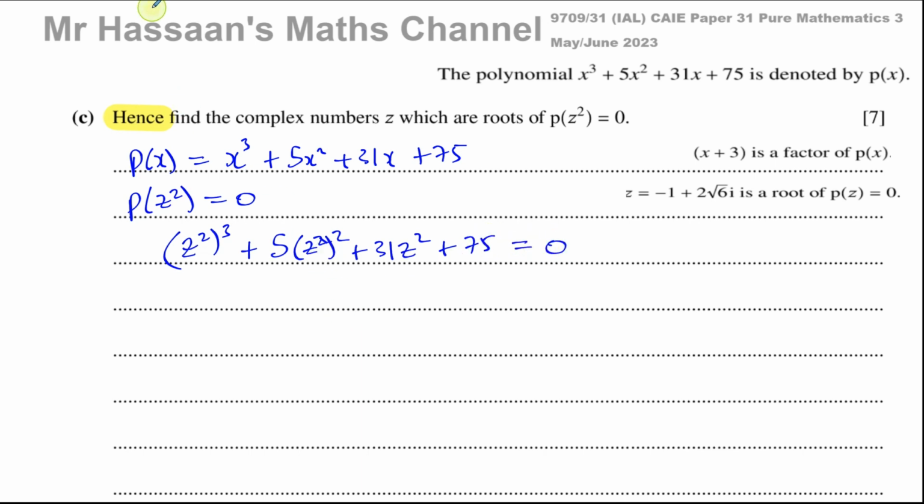We've got to solve this equation over here. This is z squared squared, so this is basically going to end up as z to the power of 6. I'll just write it on the side: z to the power of 6 plus 5z to the power of 4 plus 31z to the power of 2 plus 75 equals 0.